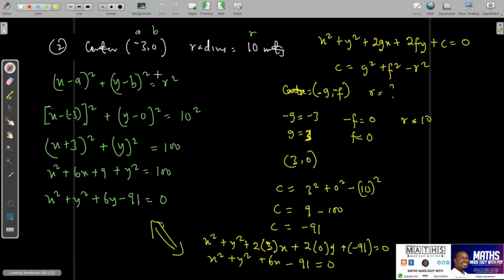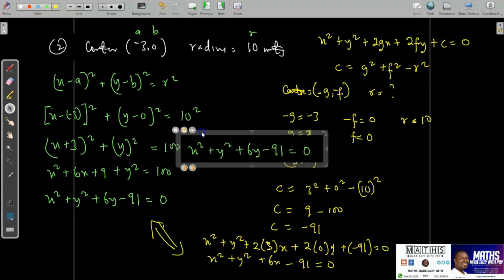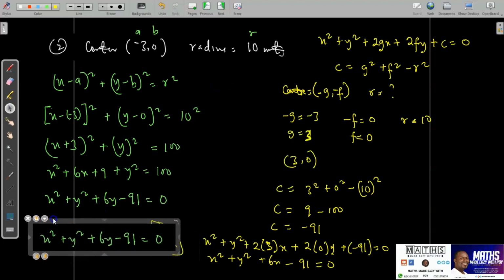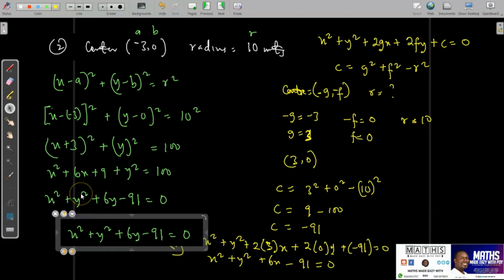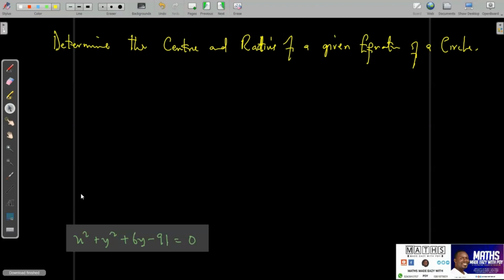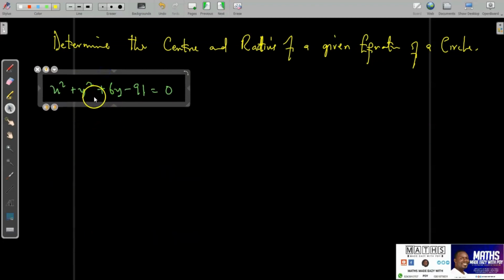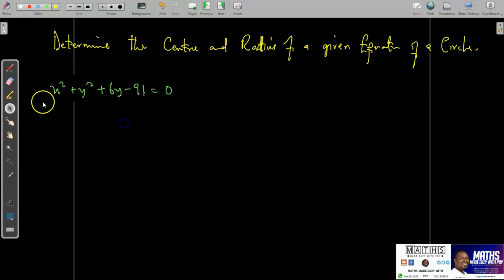So going back, we have one equation of a circle here. I'll be taking it to another page. Let me send it to another page. From whatever we have here, we're going to generate the center of the circle as well as the radius of the circle from it. That's number one.